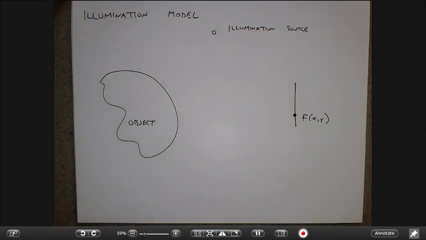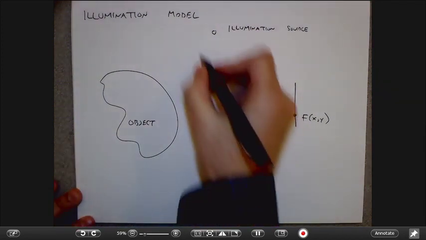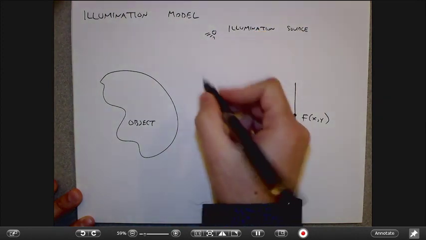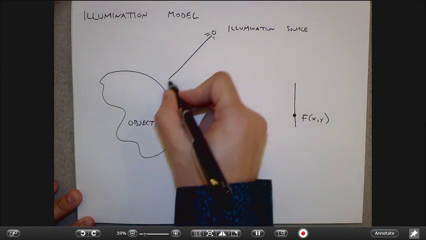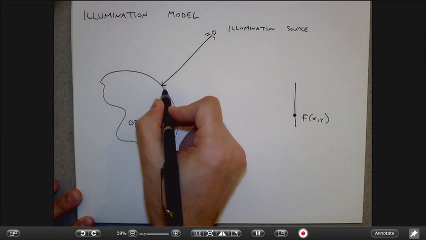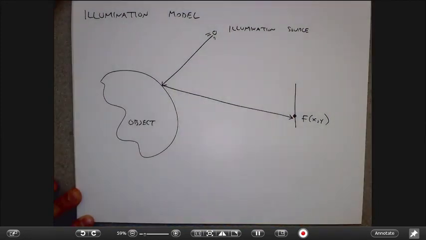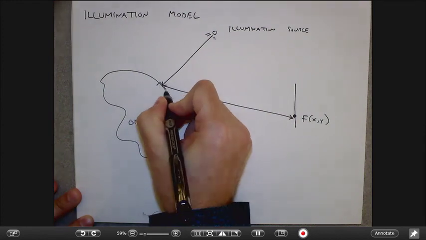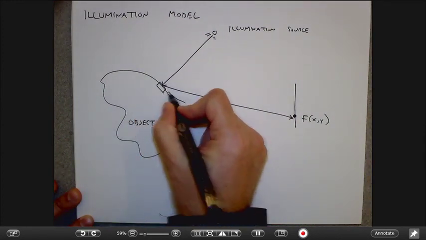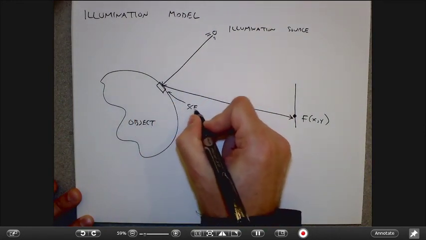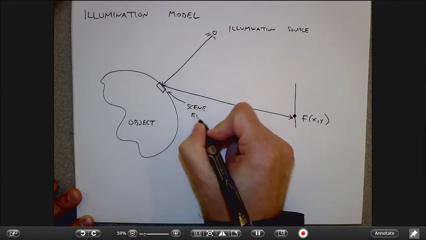And so this could be the sun, it could be a spotlight, it could be light that's being emitted from a glowing object. And so the idea is that light from all the sources of the scene is bouncing off the object, and then some of that light is bouncing into the image sensor. And so this little region of the object, right, which I'm going to call a scene element.